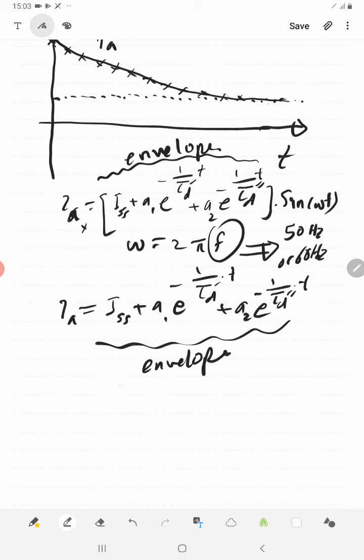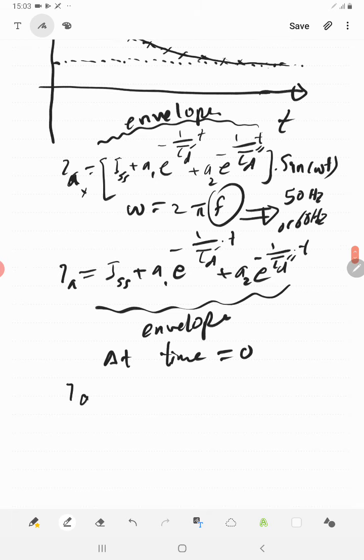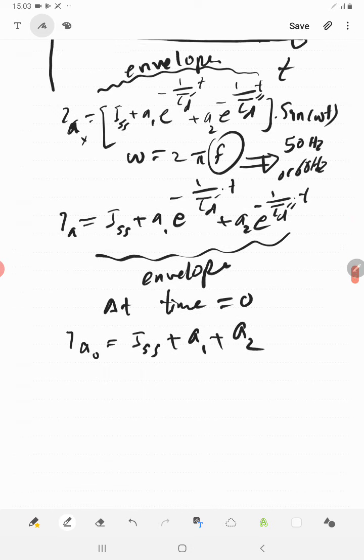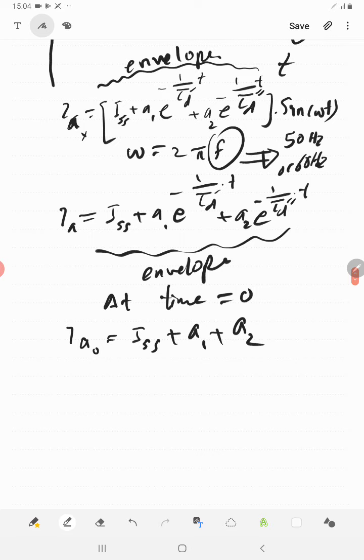Okay, at time equal 0, we have IA0 equal I steady state plus A1 plus A2. At time approaching infinity, IA is equal to IA infinity, which is equal to I steady state.